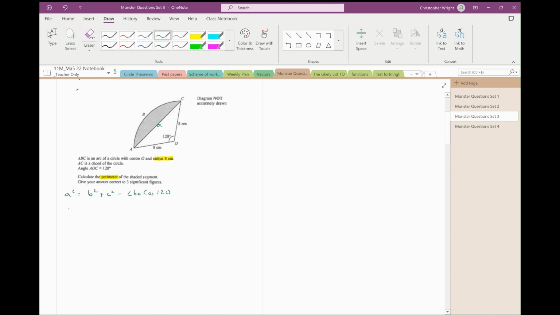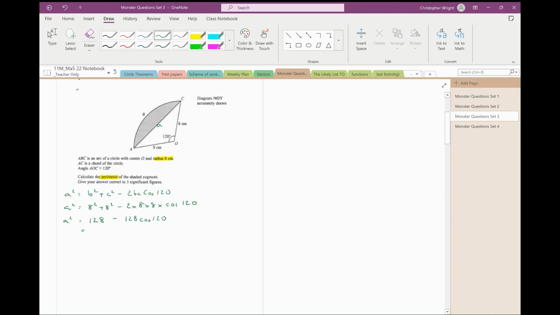So I've got a squared equals 8 squared plus 8 squared minus 2 times 8 times 8 times cos 120, which gives me 64 and 64, 128, minus 128 cos 120.